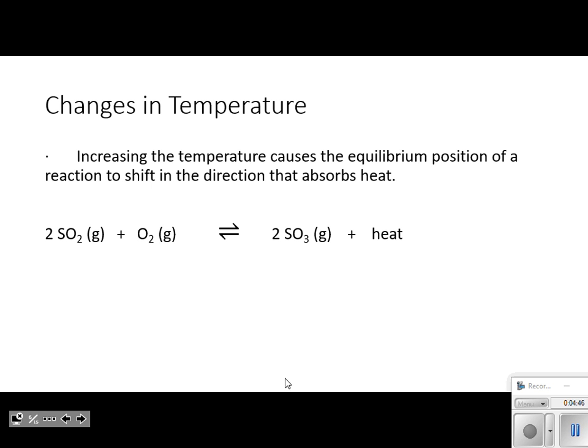If I add heat, what way is it going to drive the reaction? It's going to drive it to the reverse, correct? If I add heat, the heat side of the teeter-totter is going to go down. What if I take away heat? It's going to drive it towards the forward reaction.